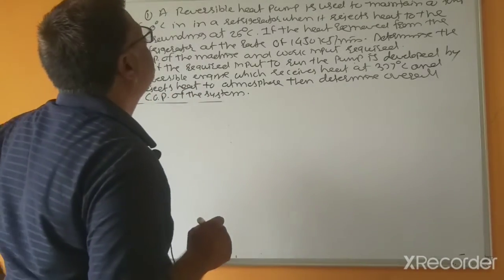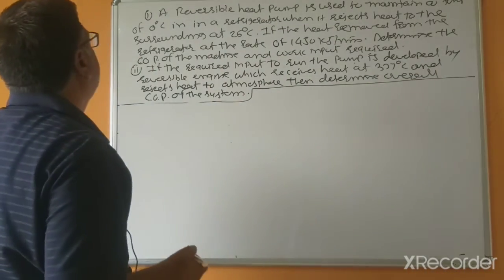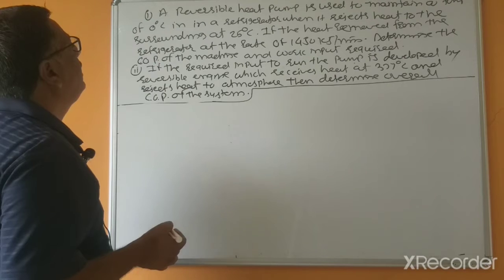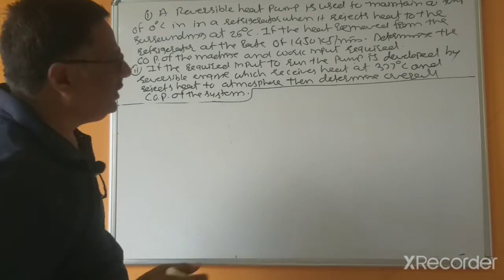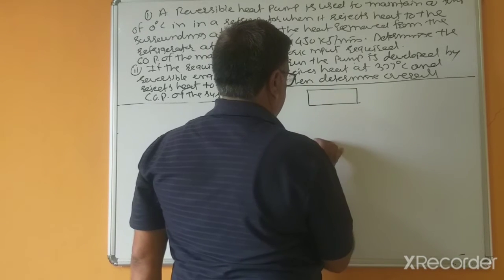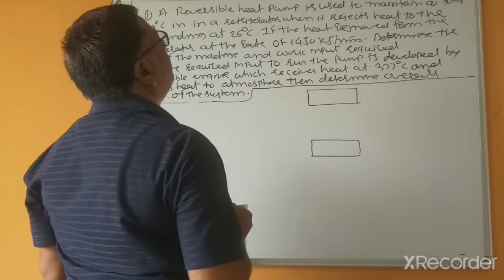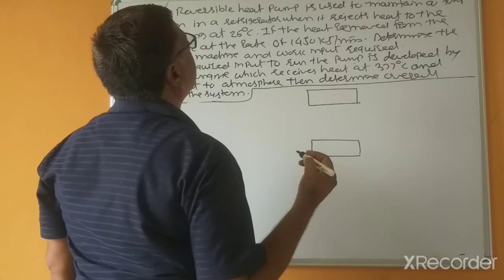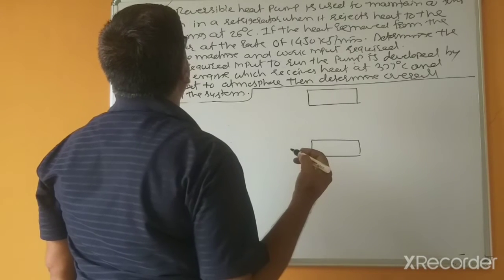So what is to be calculated? First, a reversible heat pump is used to maintain a required space temperature of 0 degree centigrade in a refrigerator when it rejects heat to the surrounding at 25 degree centigrade. Suppose this is the heat pump.